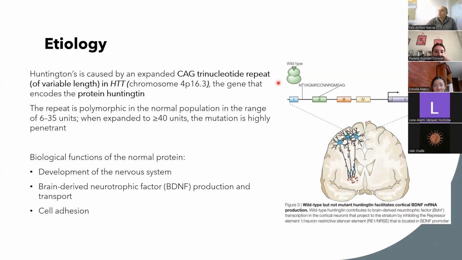this is the normal gene, and then we have extra or expanded trinucleotide repeats of variable length in the chromosome, and this generates a mutation in the protein huntingtin.